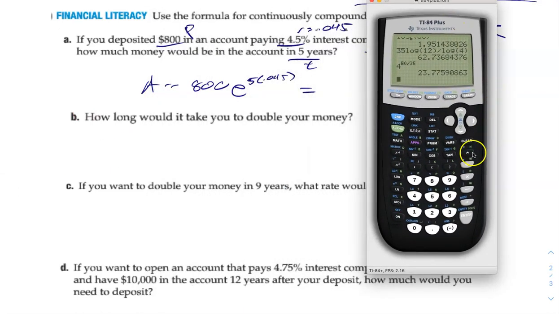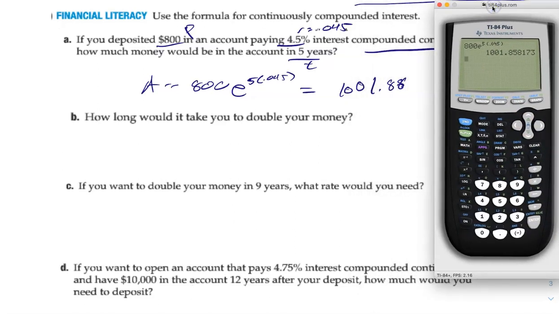So for us, that's going to be 800 times e. E is over here, it's second natural log, so look there. Then 5 times 0.045, and you get 1,186. That's a 6 over here.